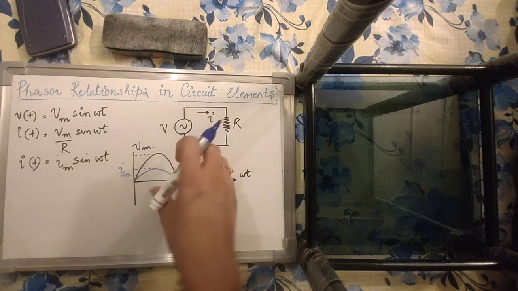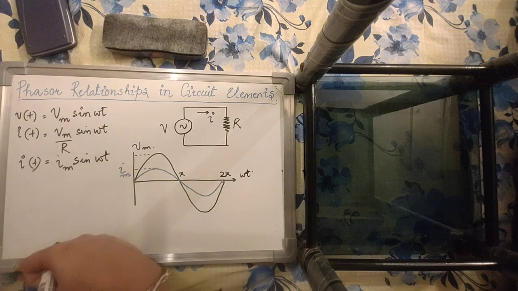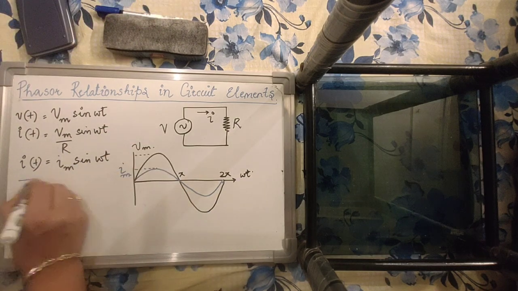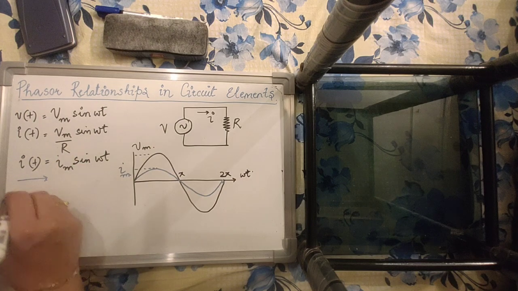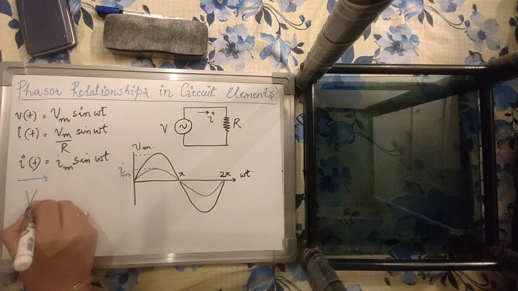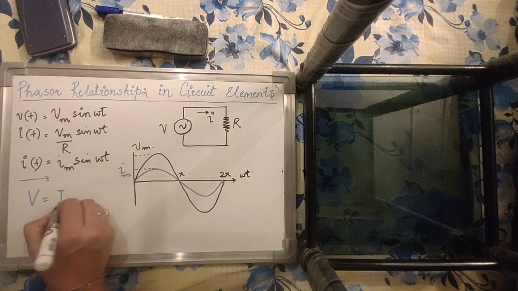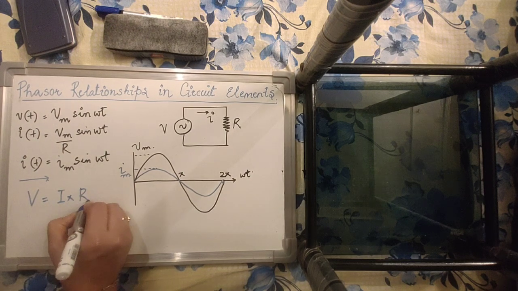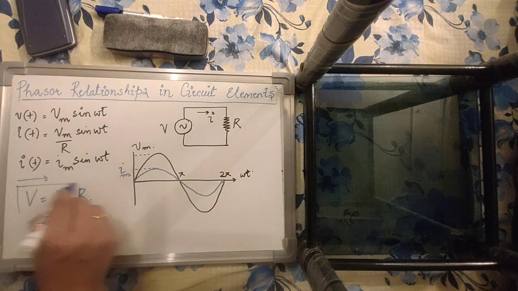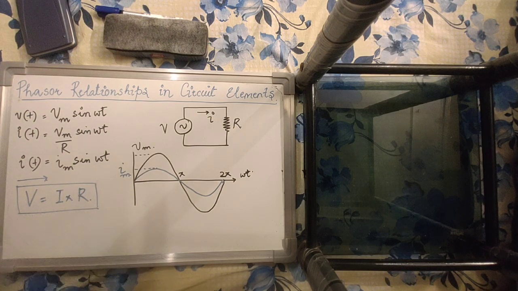The same information should be preserved in the phasor domain as well. So if we do the same analysis in the phasor domain, we can represent it as the voltage phasor being equal to the current phasor into the resistance of the circuit. The simple Ohm's law, right?